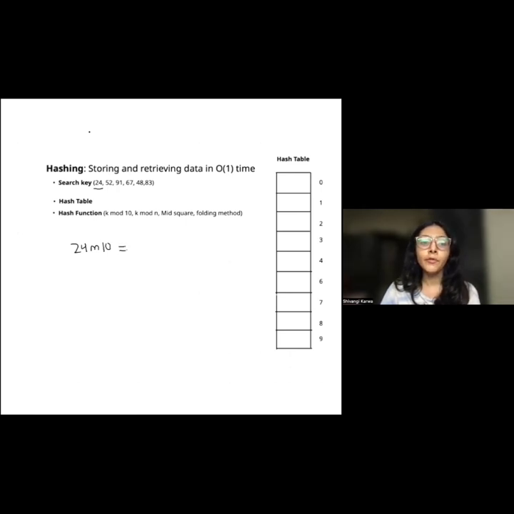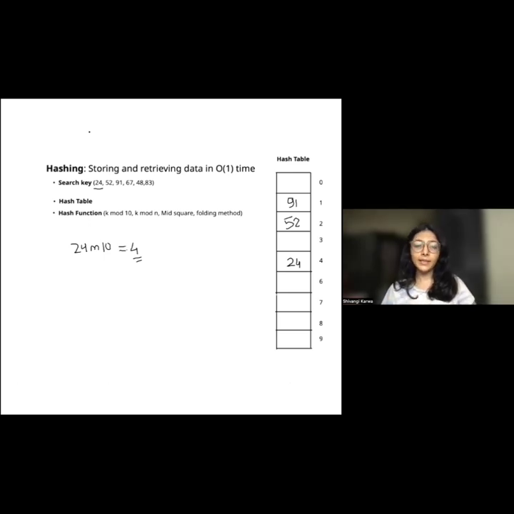The value 4 is the index in the hash table where this key will be stored. So we store 24 at index 4. Similarly, 52 mod 10 is 2, so we will store 52 at index 2. And then 91 will be stored at index 1. That is how all the search keys are mapped using a hash function.